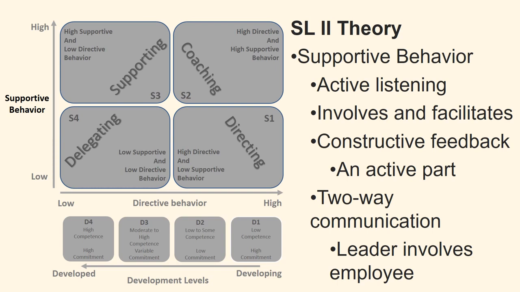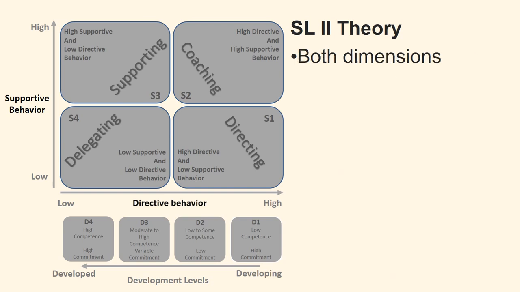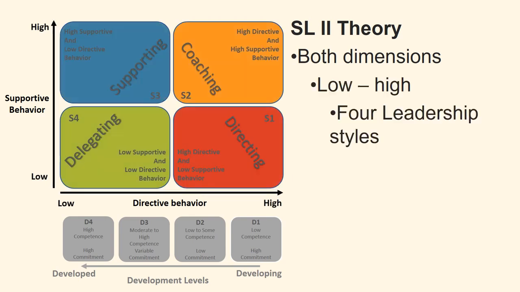This is a two-way communication where the leader involves the employee. Both dimensions are going from low to high. This 2x2 matrix contains 4 leadership styles. Each style is reviewed in the following sections.